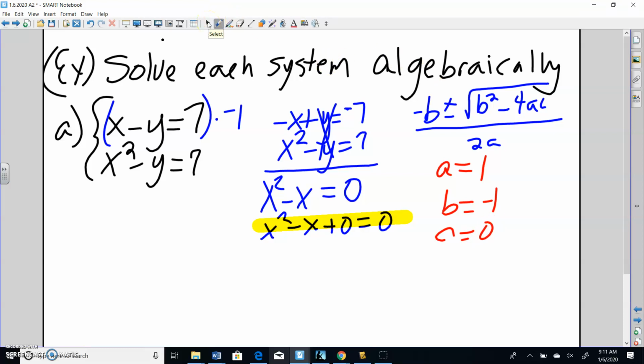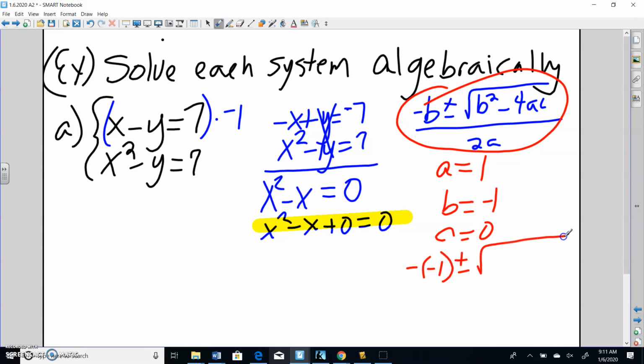So we're going to plug that information into our formula: opposite of b, that would be opposite of a negative 1, plus or minus the square root of negative 1 squared minus 4 times 1 times 0, all over 2 times 1.